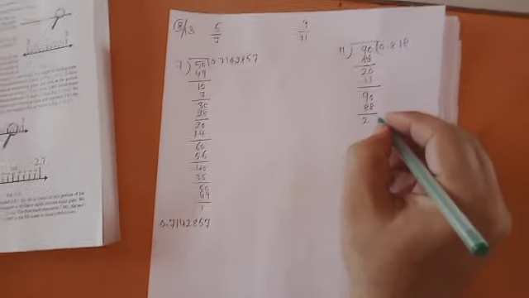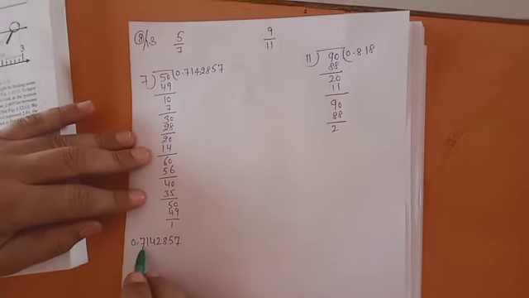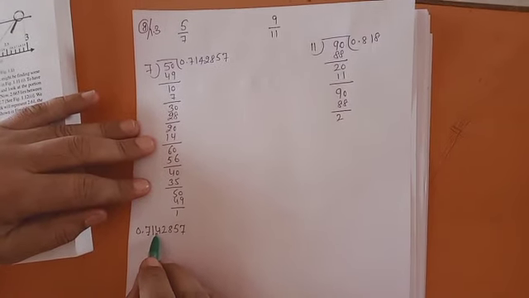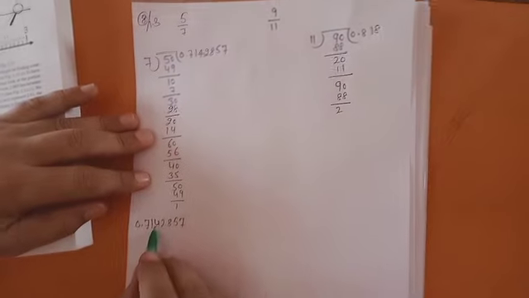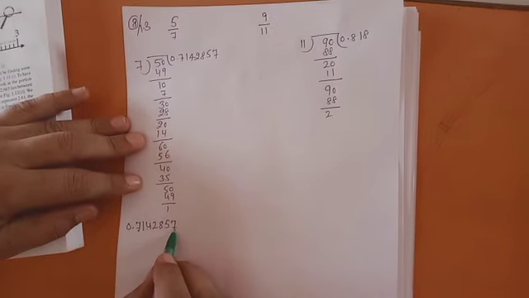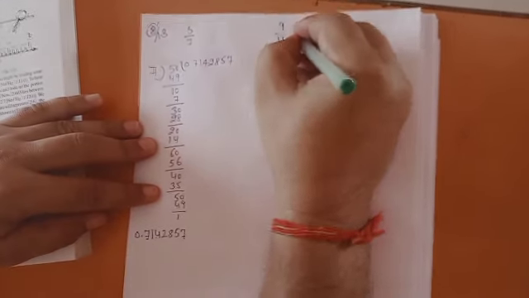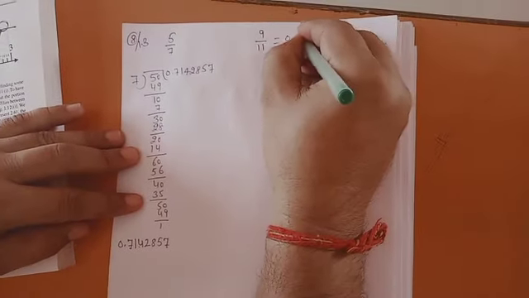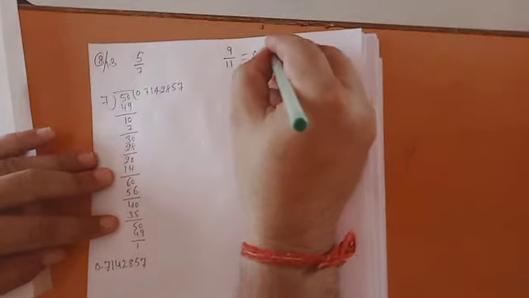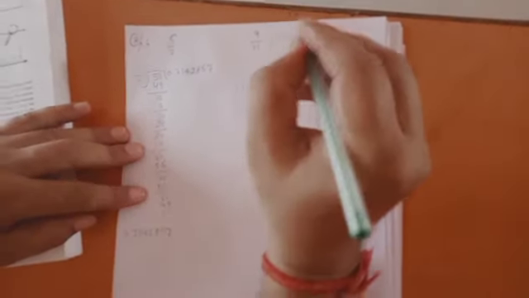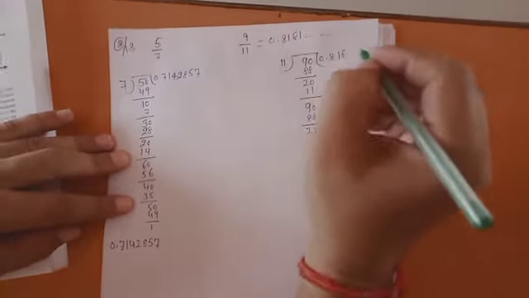Once again this comes 7 1 4 2 8 5 7, this again repeats. 9 by 11 is equal to 0.8181, continuing like this.